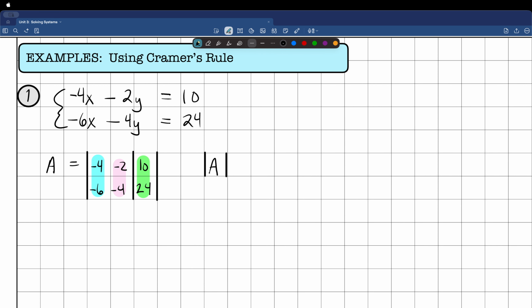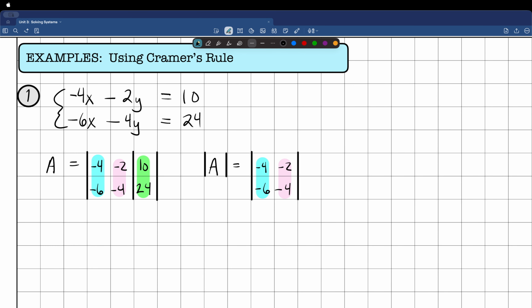Okay. And so what we're going to do is the determinant of the coefficients is going to be the x and the y components. So we're going to take a square matrix that consists of the x and y components. So negative 4, negative 2, negative 6, negative 4. And in order to calculate the determinant of the coefficients, we're going to do the cross product and find the difference of the two cross products here.